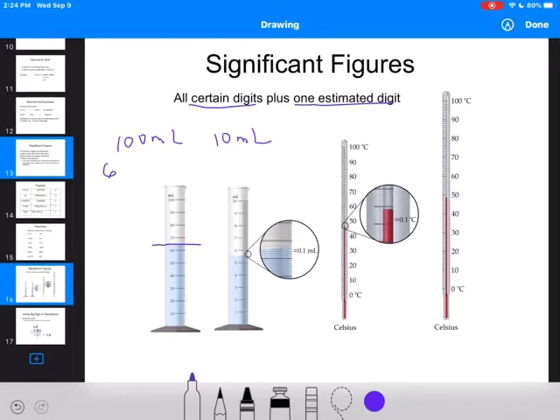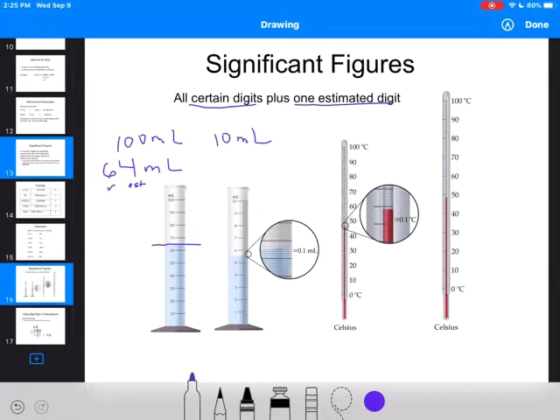And what I can see is it's maybe halfway, maybe a little less than halfway, but that's the best I can do. So if I write down 65, no one's going to chop my arm off over that. If I write down 64, no one's going to chop my arm off over that, because this ones place is going to be my 1 estimated digit. So this is the one we know for sure, and this is the one that we estimated.